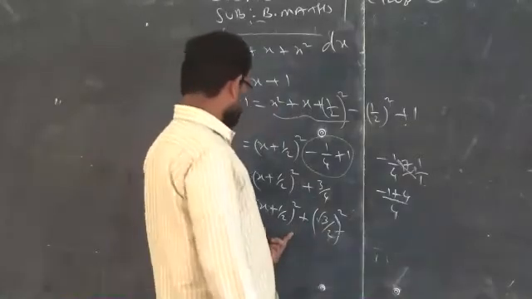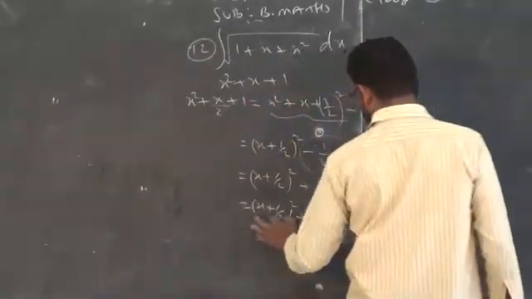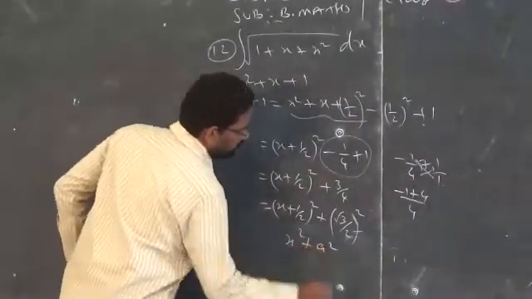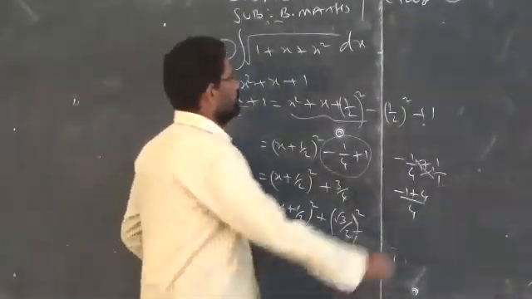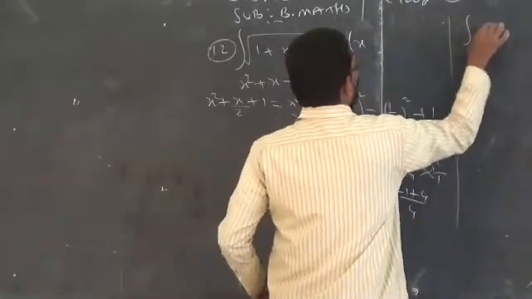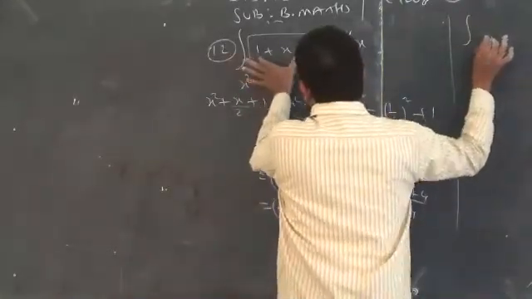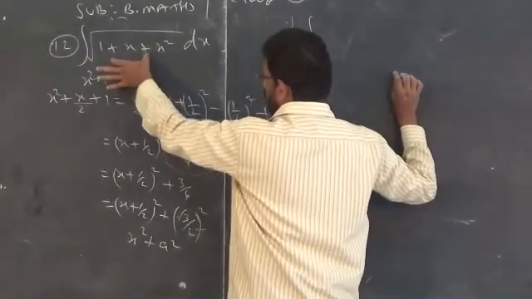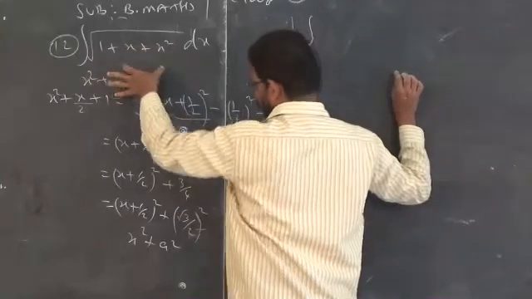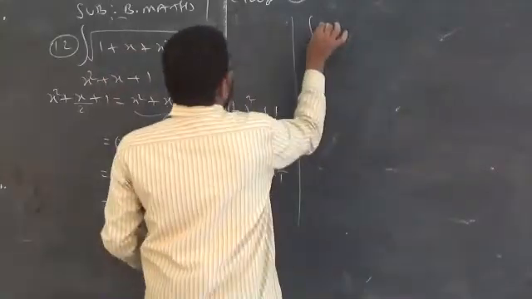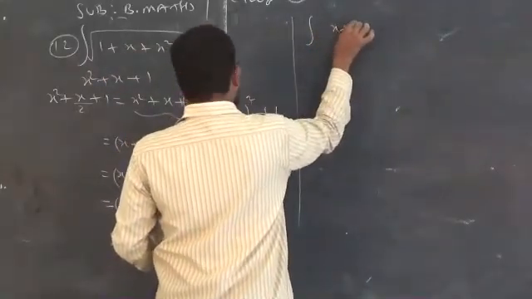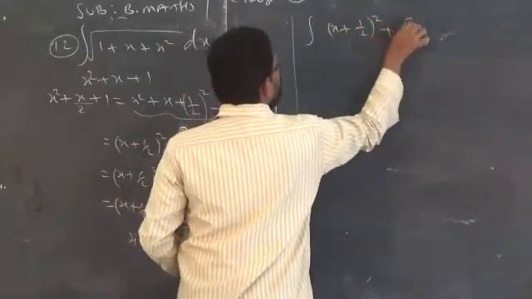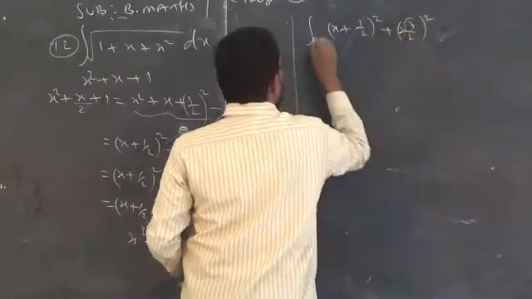So now I got the formula method, x square plus a square. This is considered as x square, and this is a square. You have to check whether you have a formula or not. Now I can rewrite this, bringing it into this format: x plus 1 by 2 the whole square plus root 3 by 2 the whole square.